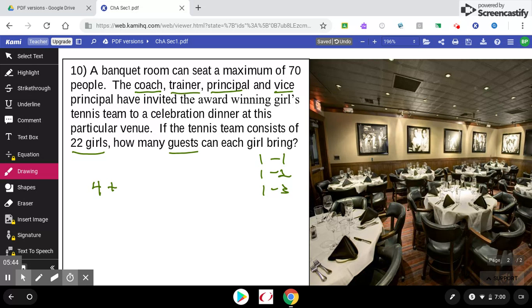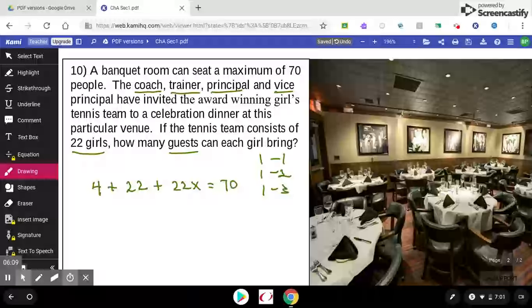So 22 girls are going to attend no matter what. But then how many guests? Well, you get 22 girls times however many guests they're going to bring. And we got a maximum of 70 people that fit in this banquet hall.